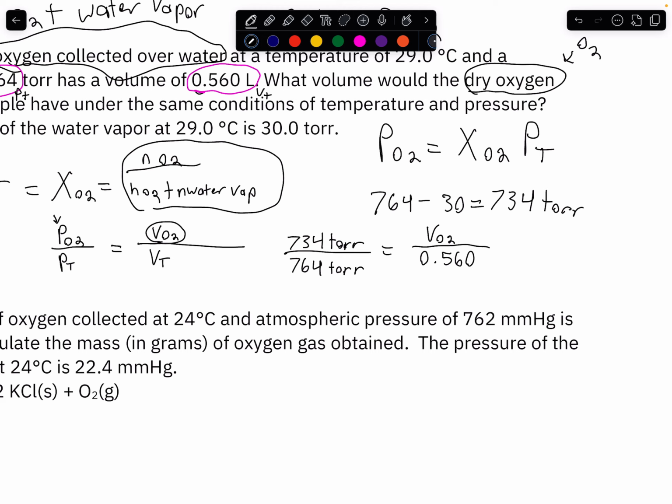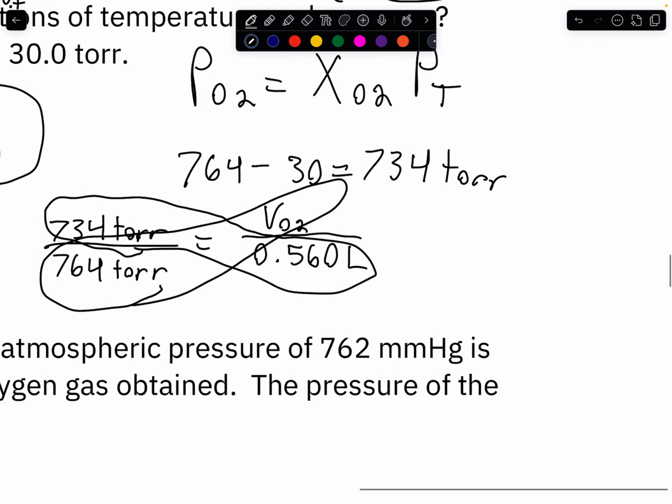which is 0.560 liters. So from here, if you've taken an algebra class, you can do this with an equality. It is what I like to call the butterfly method, where we multiply the top and the bottom, set them equal to each other, and divide what we want out.